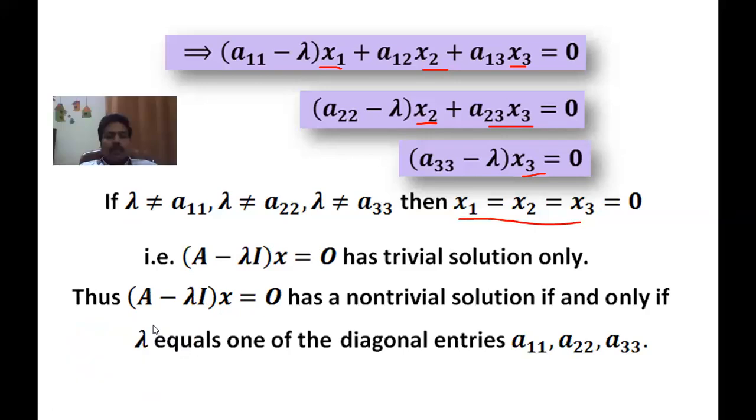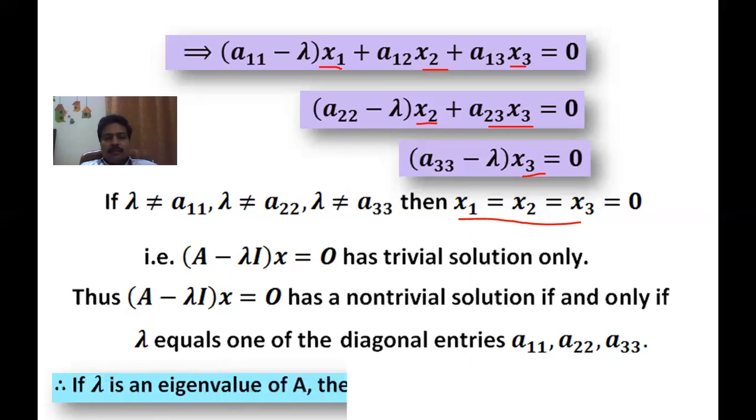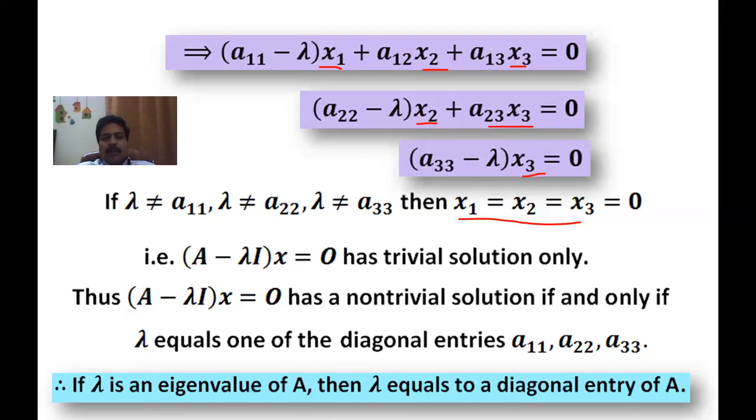So these three are diagonal entries. So lambda equals one of the diagonal entries a11, a22, a33. Since lambda is an eigenvalue of A, lambda equals a diagonal entry of A.